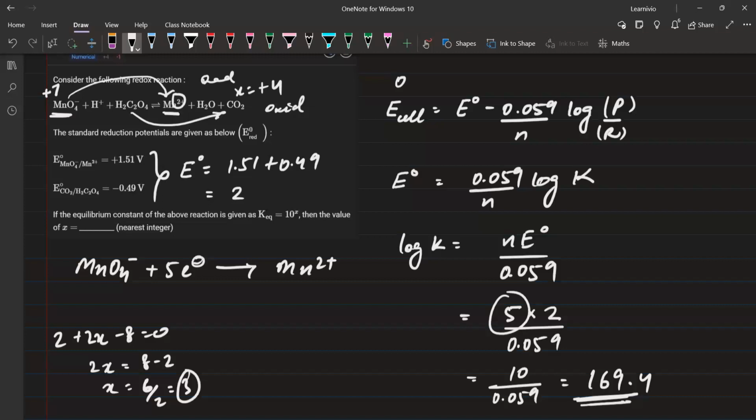Yeah, they are saying 10 electrons. 5 only, I think. Plus 2x. Yeah, am I audible?